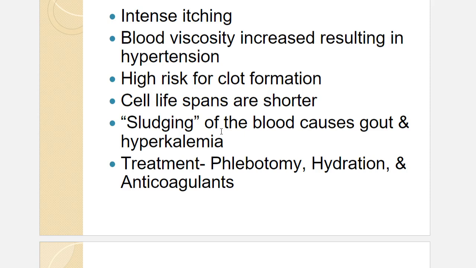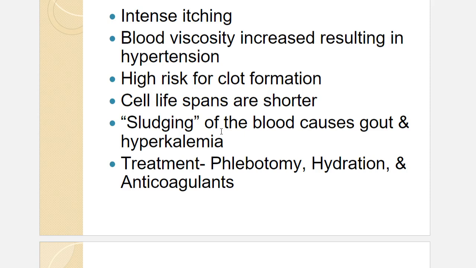So within the cell are like potassium and uric acid, and these substances are then being released out into the vasculature and out into the circulatory system. So that's why your patients develop things like hyperkalemia and uric acid overproduction, causing them to develop gout.